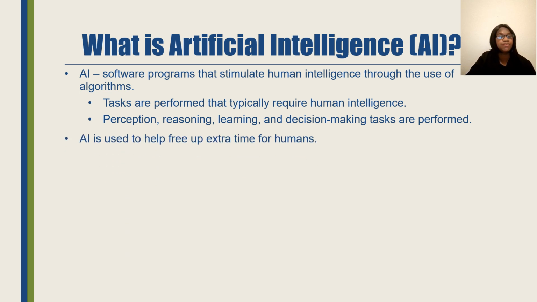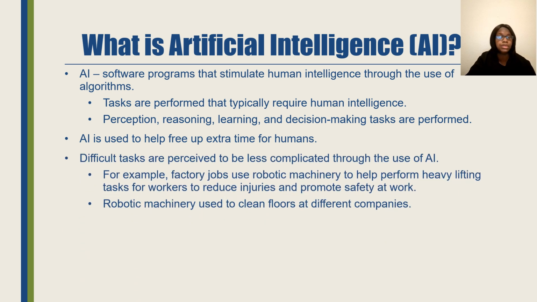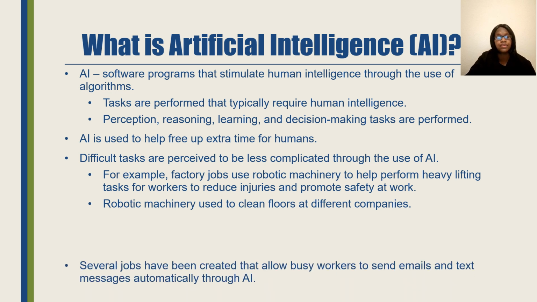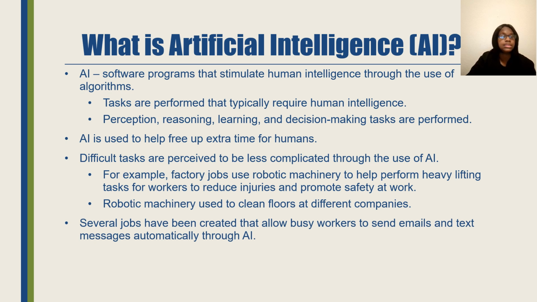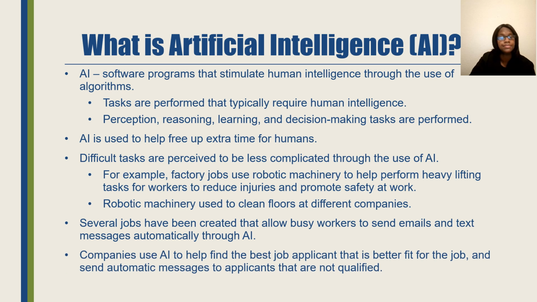It is used to help free up some extra time for humans. Any difficult tasks humans have trouble performing, AI is going to help relieve that stress from us. Several jobs have been created especially to allow busy workers to send emails or automated text messages through AI.